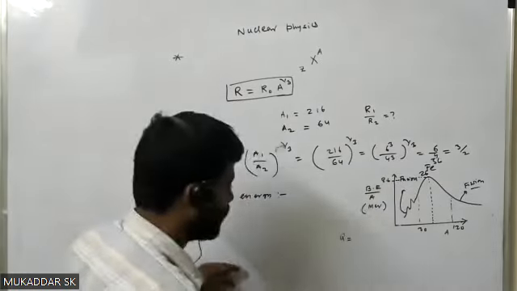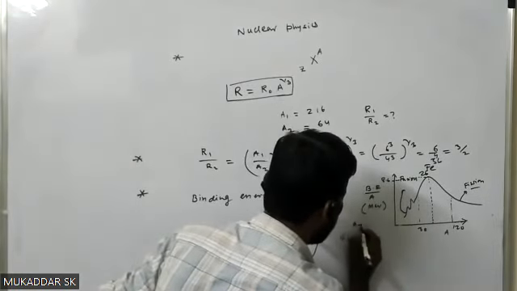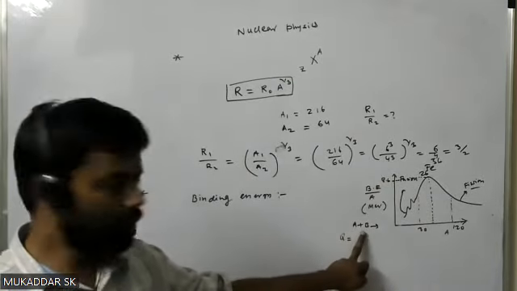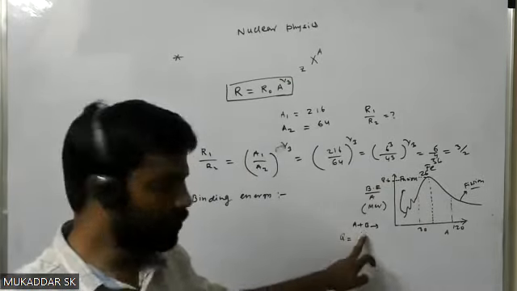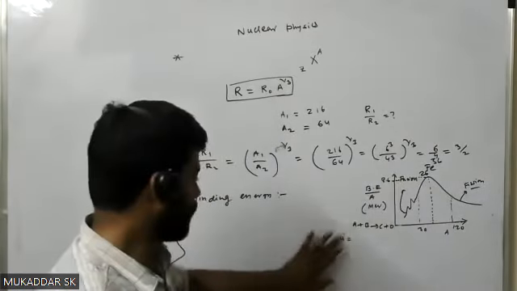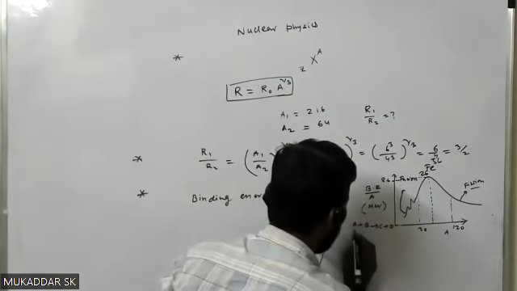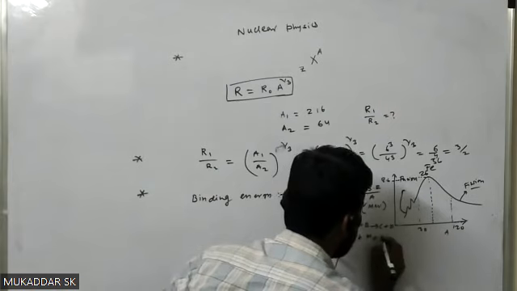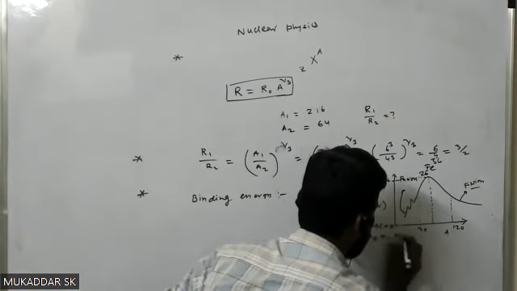Q value means what? If you have a nuclear reaction, this is very important. Suppose A nucleus interacts with B nucleus and produces C and D nuclei. The mass of A nucleus is Ma, of B is Mb, of C is Mc, of D is Md.